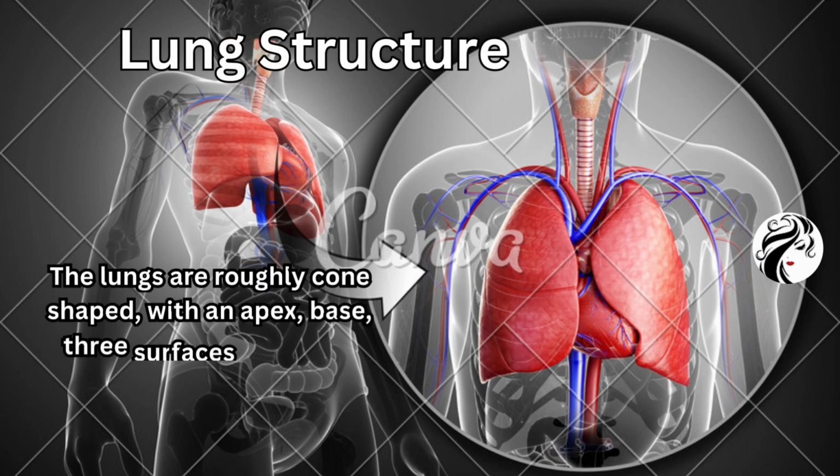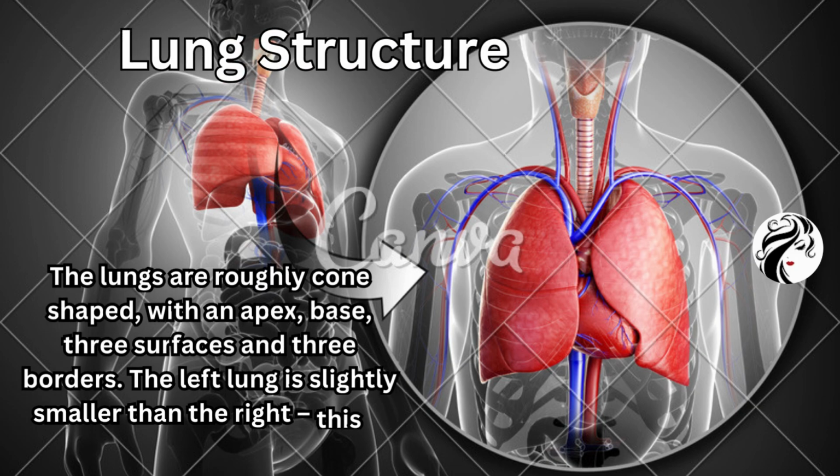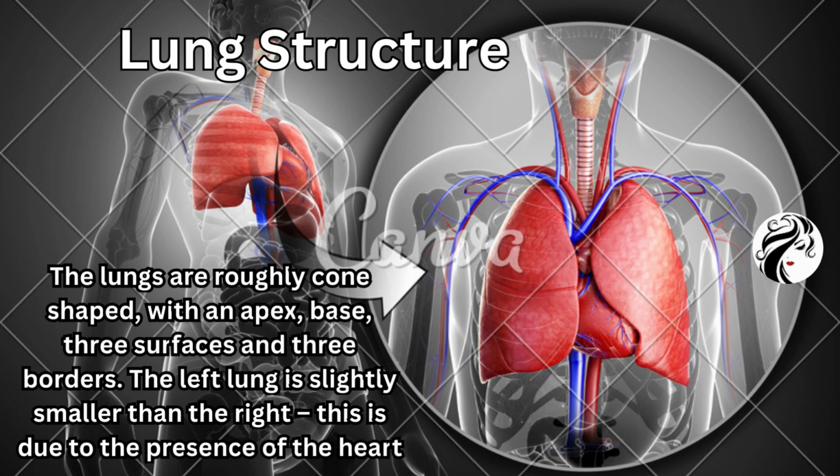Now we are discussing some structures of the lungs, as you will see in the image, where it is also written. Lungs are basically cone in shape, as we discussed before. The superior corner part is called the apex, and the lower part is the base, and there are three surfaces and three borders.